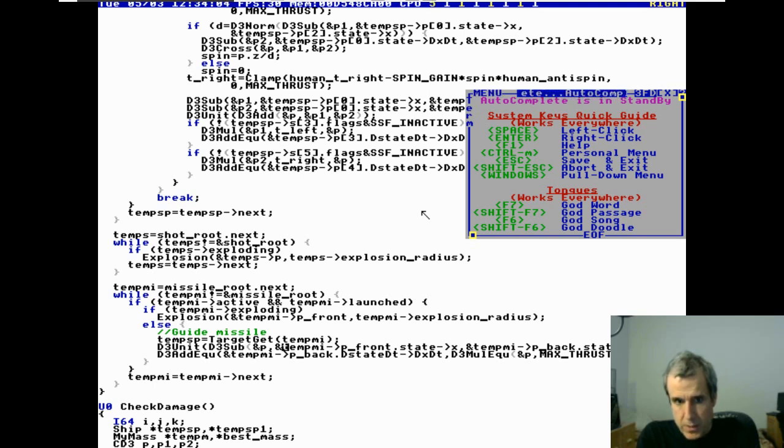The spin of the... you want to prevent spinning. Just do it, don't dawdle. Okay.